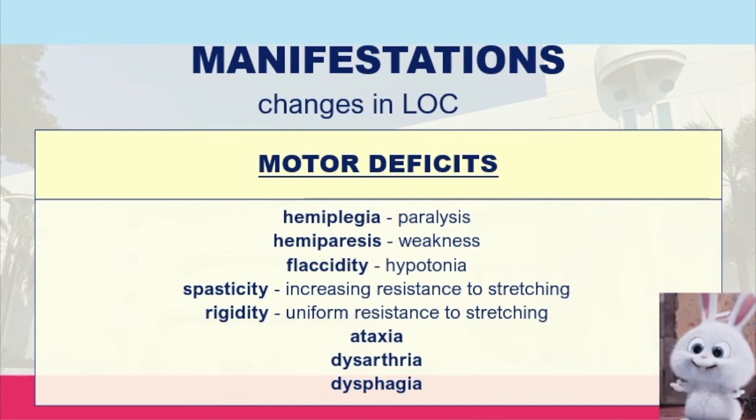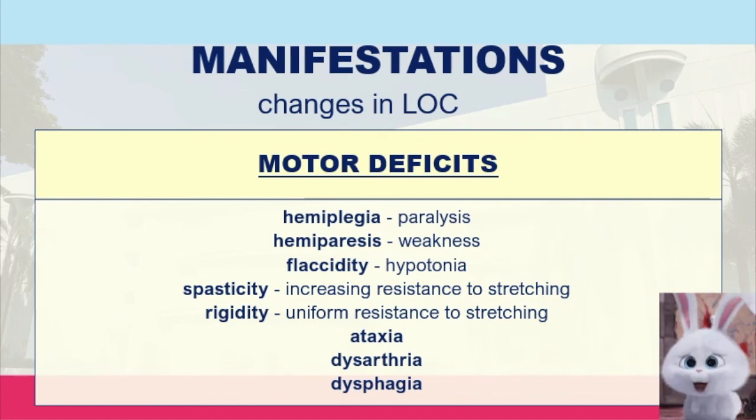Then you have your spasticity. What happens in spasticity is that there is increased resistance to stretching, and this resistance is also increasing. For example, the first time you're stretching the patient, you might encounter mild resistance. But once you're extending the extremities of your patient to full extent, you may encounter increasing resistance, or the patient may say, oh, it's getting harder for me to do that.